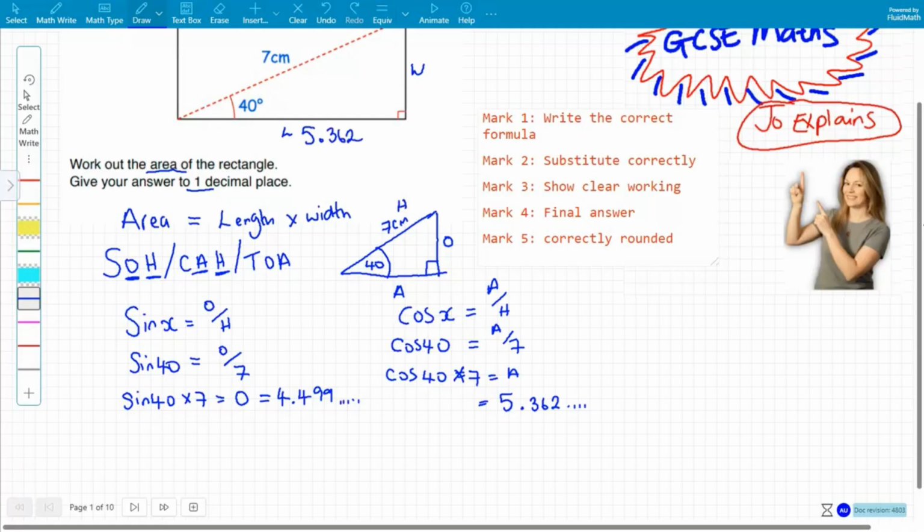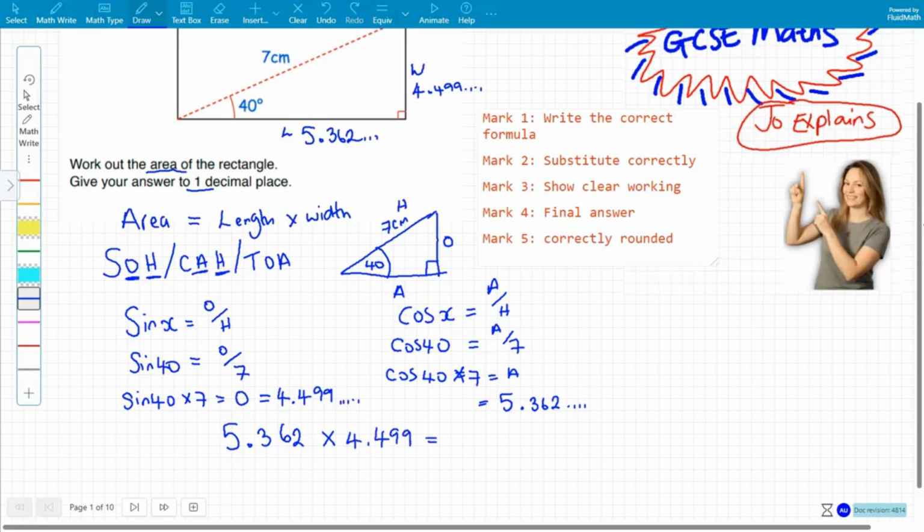And then we said the width was 4.499 and so on. So I'm going to multiply those two numbers as they are. You could even leave them as you see them on your calculator screen, the big numbers. I am going to just use my 3 decimal places.